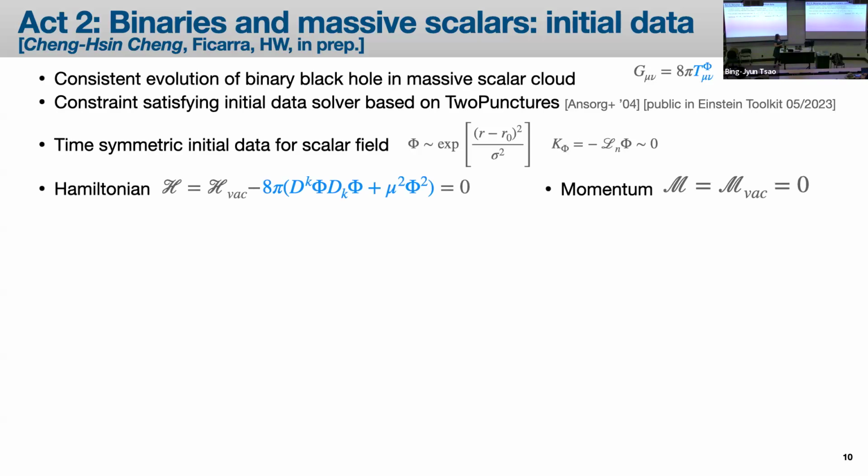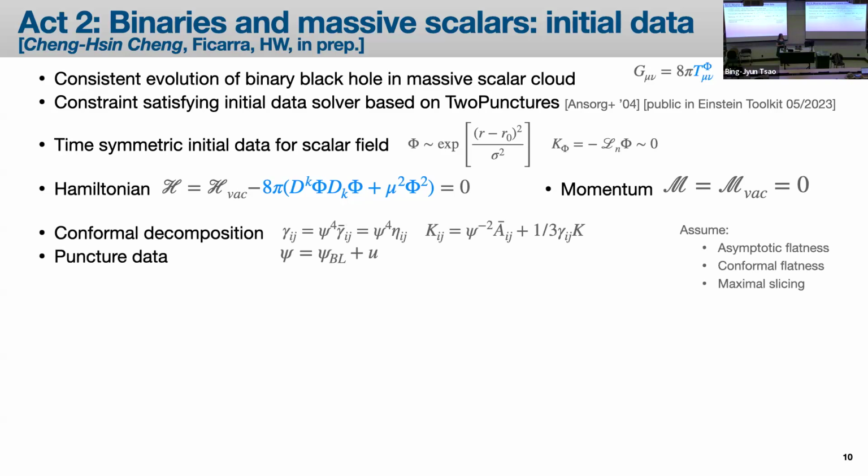And the Hamiltonian constraint is a vacuum Hamiltonian constraint plus additional terms due to the scalar field energy density highlighted here in blue. Now, with this, we can still use the two punctures approach because the momentum constraint is still solved by the Bowen-York extrinsic curvature solution. And we just need to find what our metric does by solving the Hamiltonian constraint.